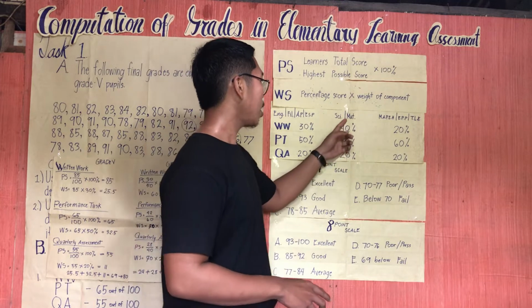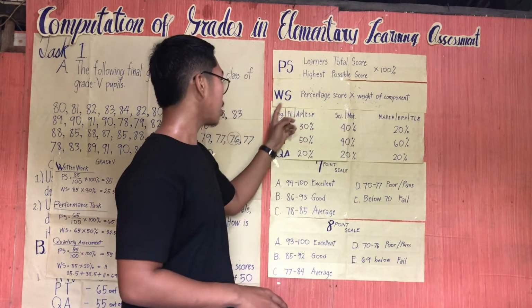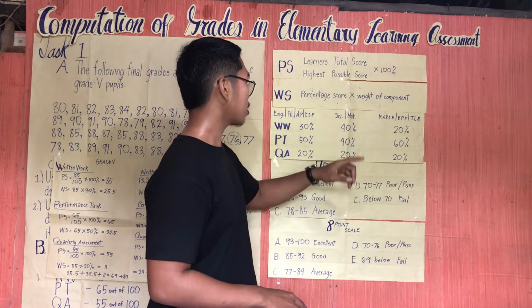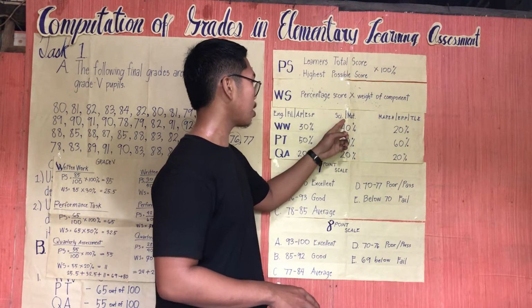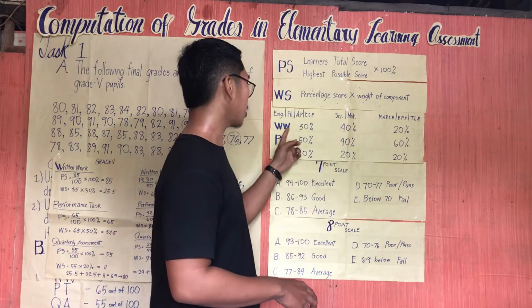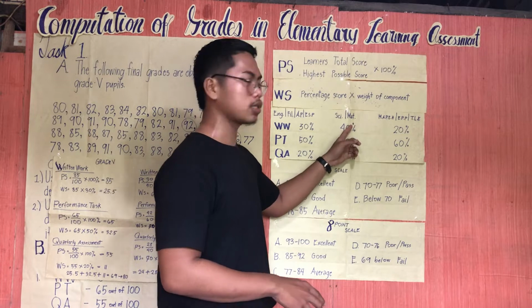The difference between these subjects and the science and mathematics subjects is that for science and mathematics, the written work corresponds to 40%.